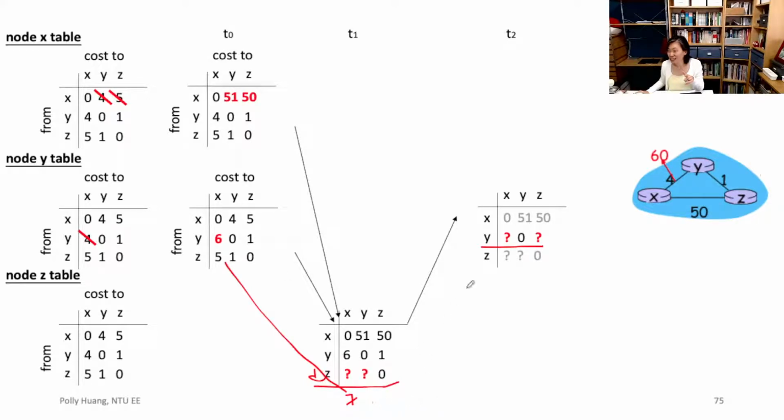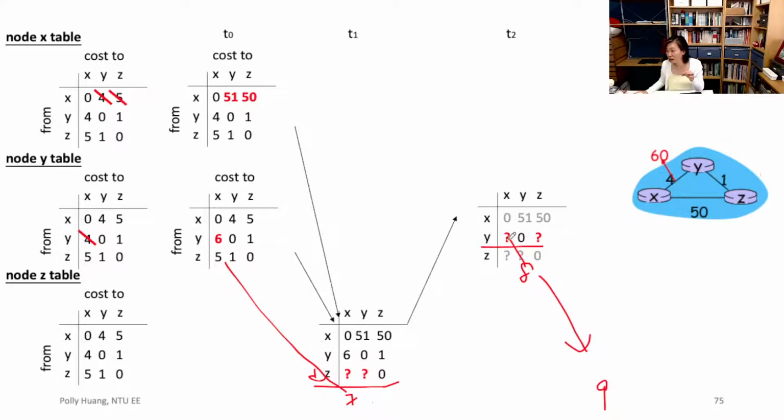Okay, and this is going to influence y's routing table here. You see this guy gets incremented to 8. And this, in fact, is going to affect z's table again. So the entry there, dzx, is going to be 9.